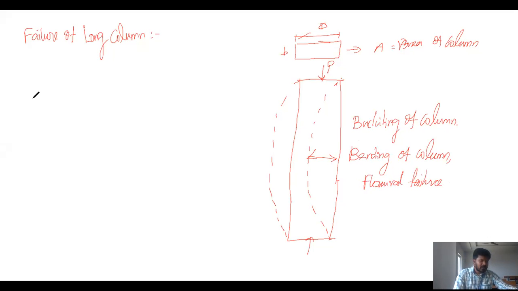So this column is nothing but buckling. When the column is going to get buckling, at that time, whatever the load is available, that load is nothing but buckling load or critical load or crippling load.